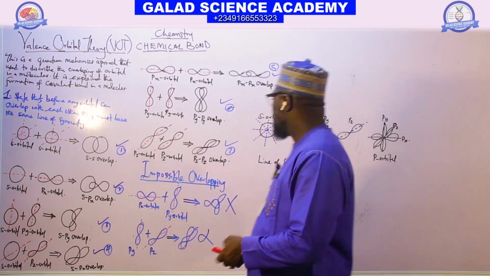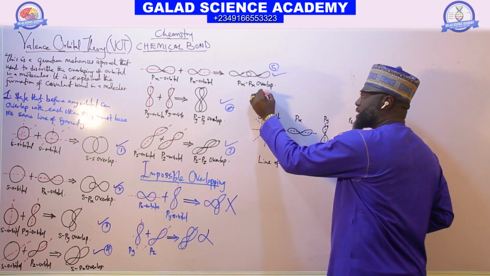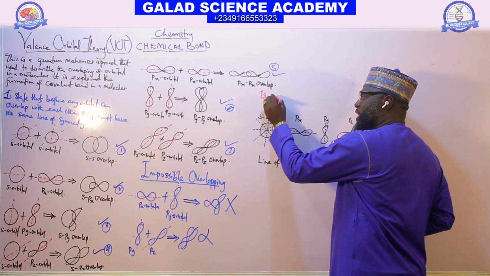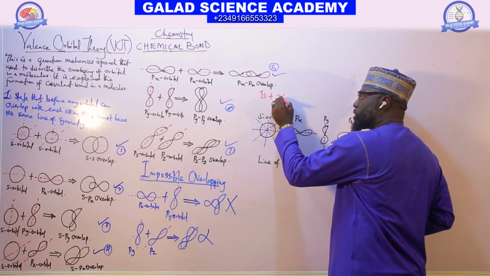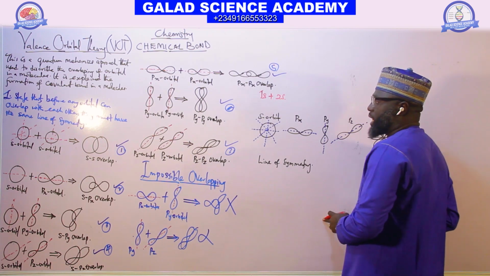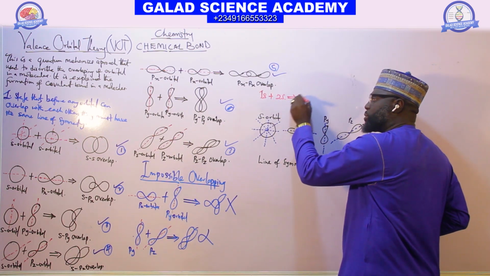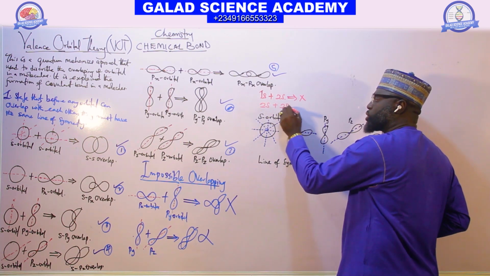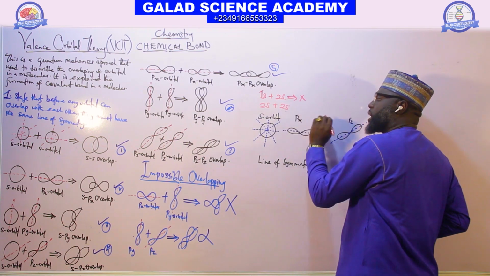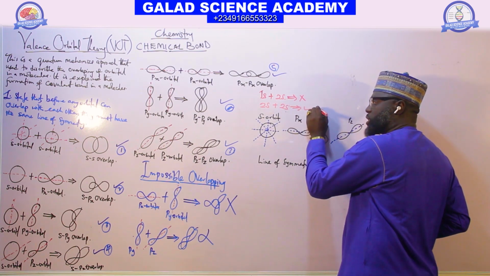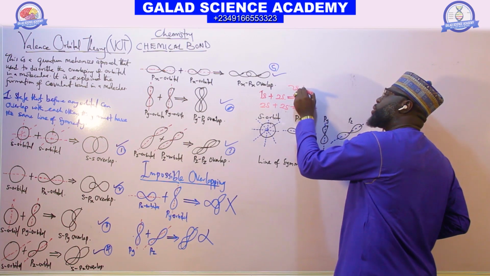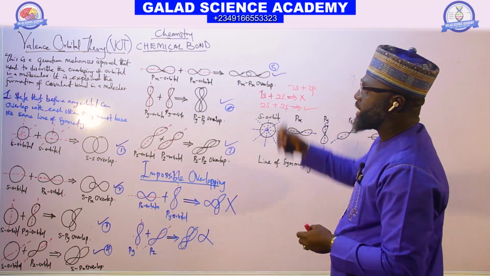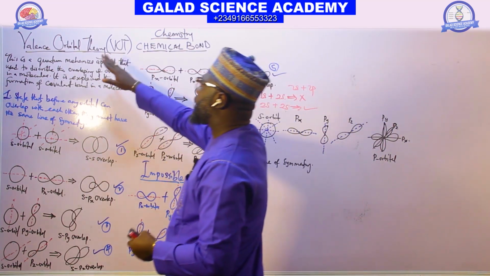So if one S orbital wants to overlap, it cannot overlap with a P orbital. This can never be possible. Two S orbitals can overlap with two S orbitals. This one is possible. Or two P orbitals with two P orbitals. They must have the same energy level.